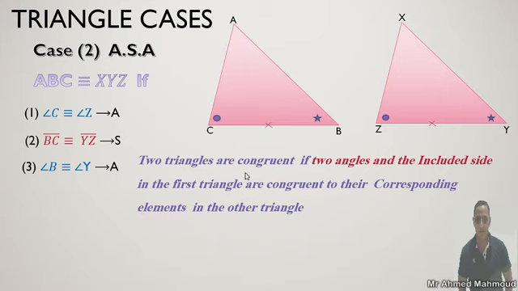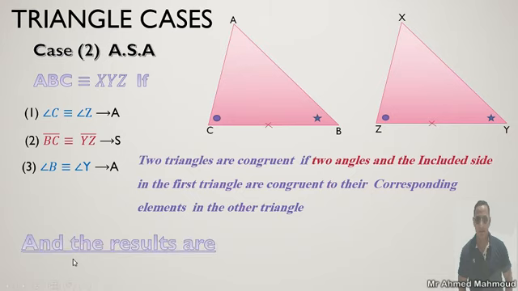Okay, two triangles are congruent if two angles and the included side in the first triangle are congruent to their corresponding elements in the other triangle. The results of the congruency will be like this.